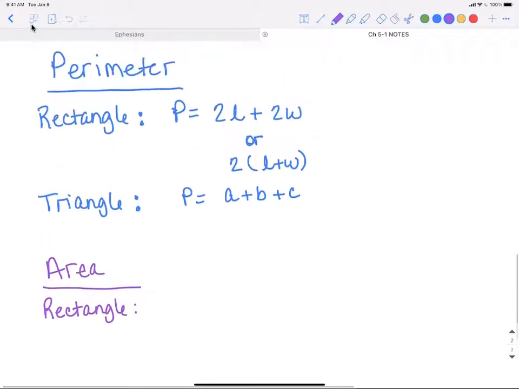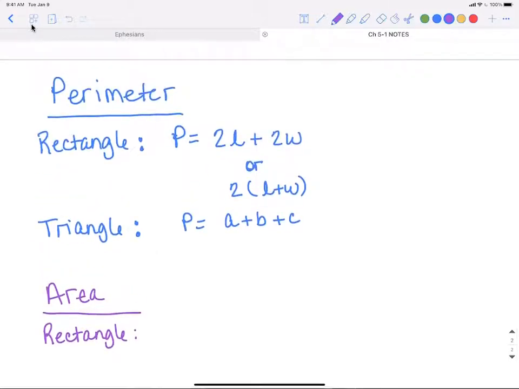Did everybody get perimeter written down? Area of a rectangle is pretty easy. It's area equals length times width.